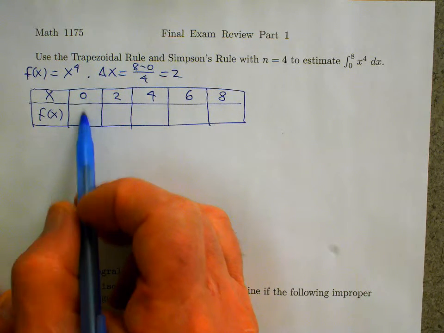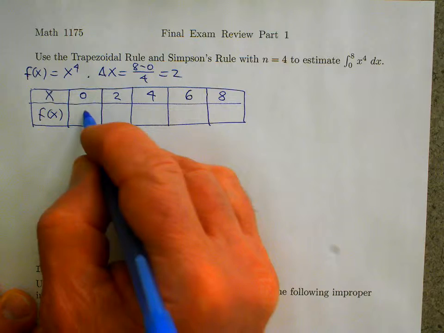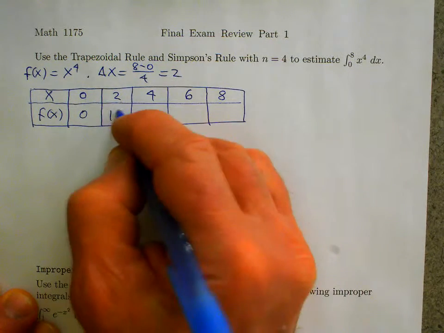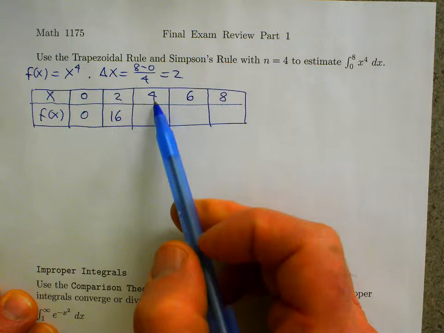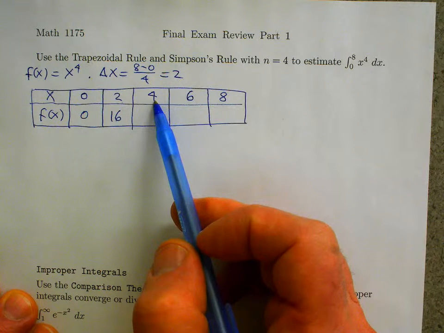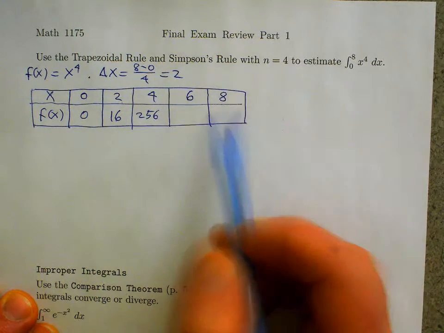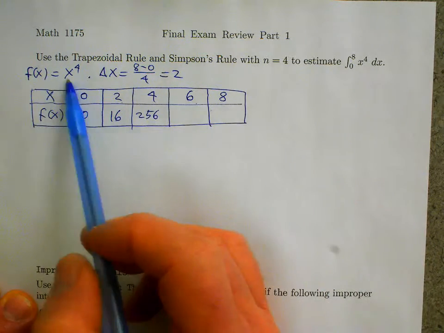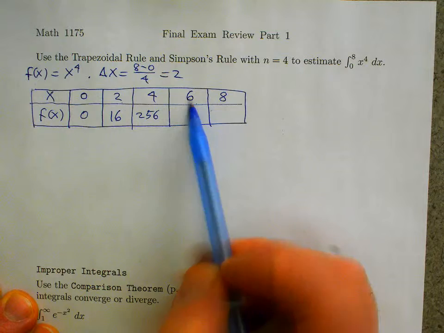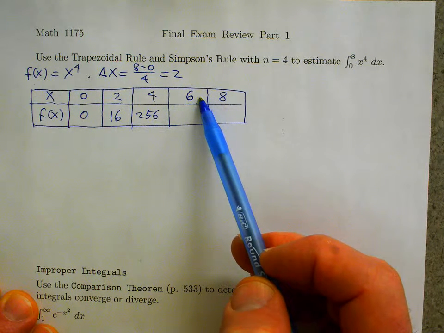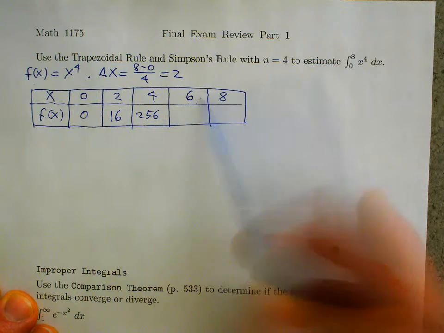So when x is 0, 0 to the 4th is 0. When x is 2, 2 to the 4th is 16. When x is 4, 4 to the 4th is the same as 2 to the 8th, which is 256. When x is 6, 6 to the 4th, 6 times 6 is 36, times 6 is 216. 216 times 6 is 1296.